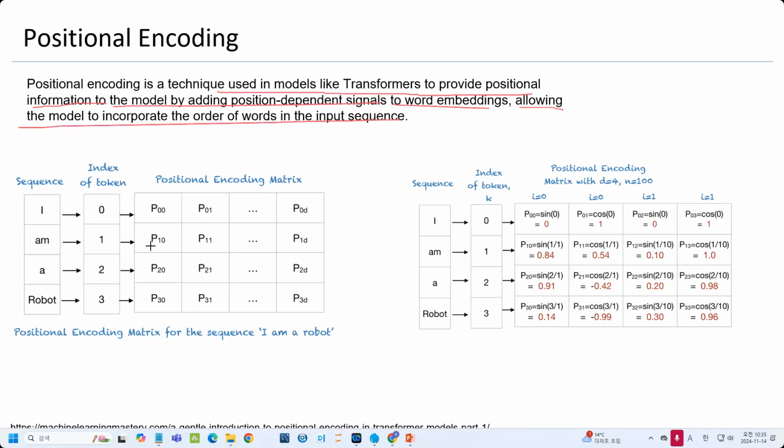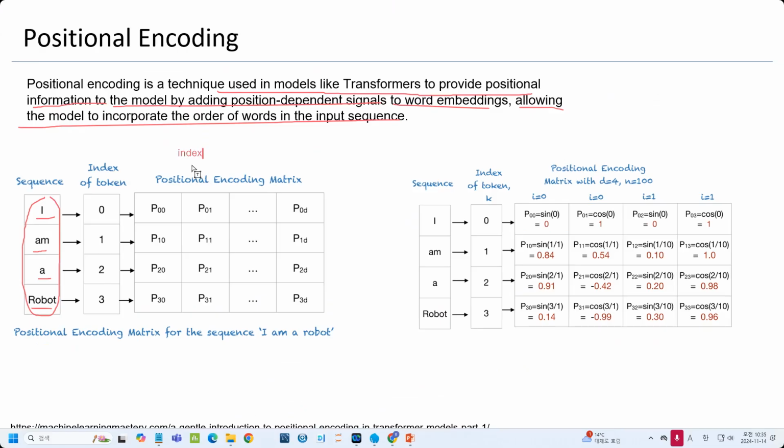So let me give you a very simple example, like "I am a robot". I took this one from an article. If you learned from last week's code, we have the index. What is an index?